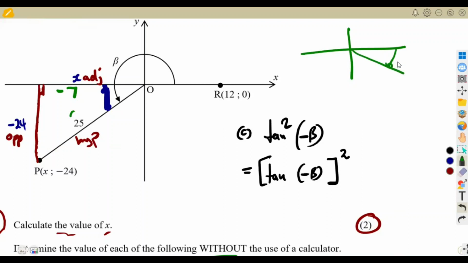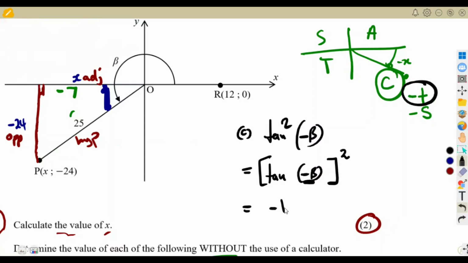If this angle is minus x, in the third quadrant, this quadrant is for what? For cos. Remember, from our CAST concept. In the third quadrant, where we have a negative angle, it's only cos which is positive there. So what does it mean? Tan is negative. What about sine? It's negative also. So it means this tan of minus beta is equivalent to minus tan.